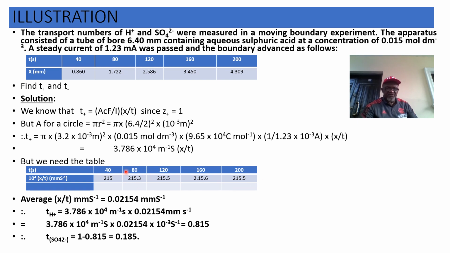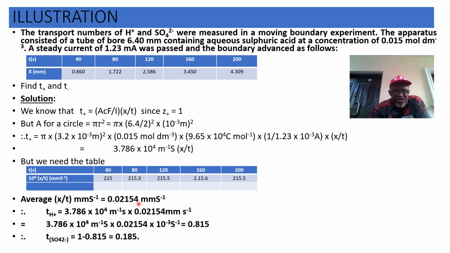If you plot a graph of this, you will get an average. But if you don't want to plot a graph like we did here, we'll take an average of these values. 215, 215.3, 215.5, 215.6 and 215.5. We'll take an average and we'll get this 215.4.